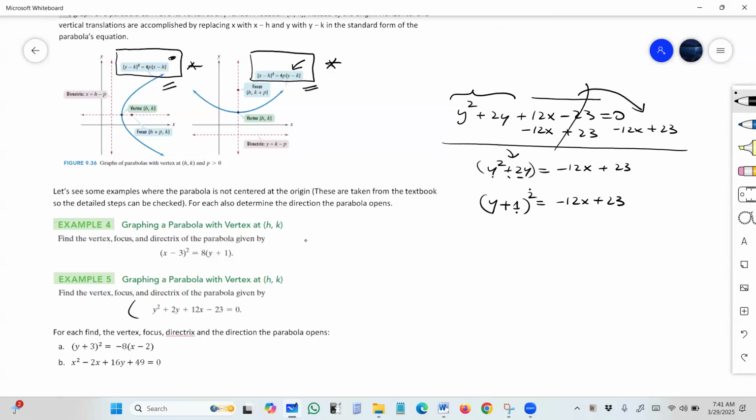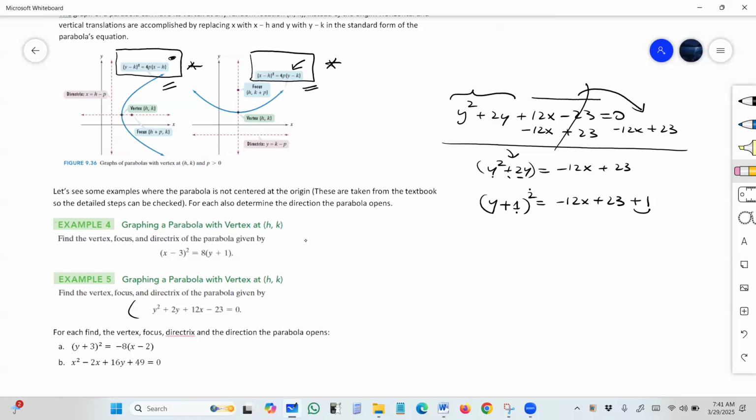So 1 squared is 1. So I add 1 to the other side. This is always going to be positive. Even if the term was y minus 1 squared, it's still positive 1, and goes to the other side. Obviously, minus 1 squared, right? That's what you're doing.